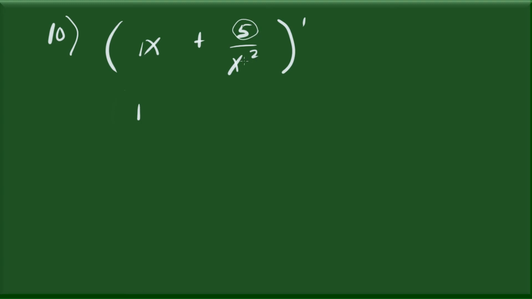Now this is a reciprocal. You see the x is downstairs. So 5 times 2 is 10 over x raised to what? 2 plus 1 is 3. And then the last thing we do is switch the sign.